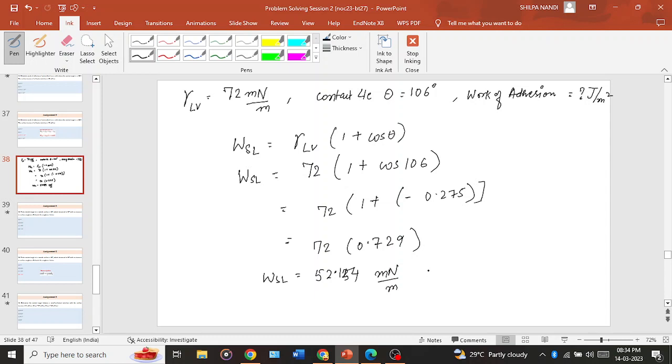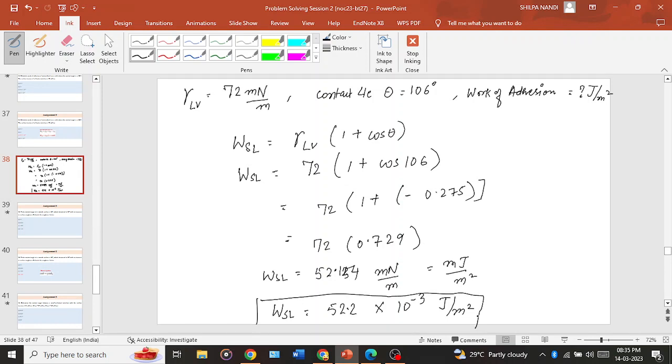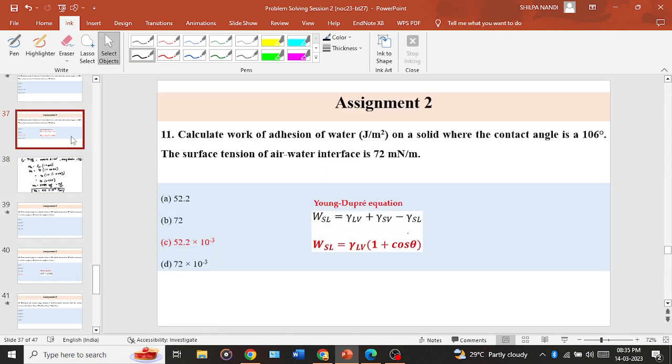So this is also equal to millijoule per meter square, and you can write this as 52.2 multiplied by 10 power minus 3 joule per meter square. So you got your answer for WSL, or work of adhesion, which was option C.